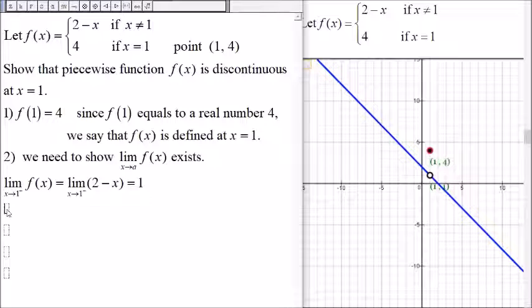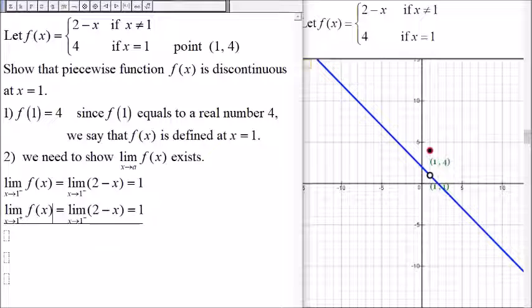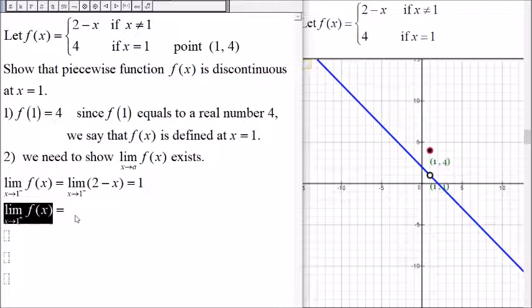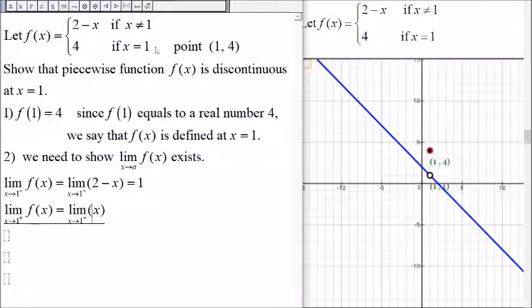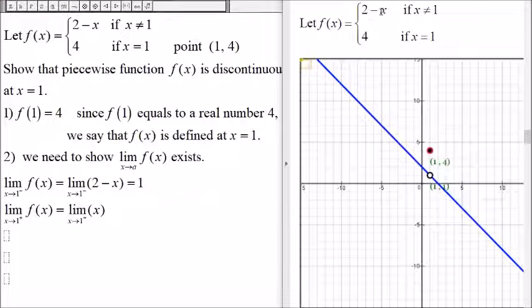Now we'll let x approach 1 from the right. Same thing: if we approach x from the right, that means x is not 1. And therefore, for f of x, since x is not equal to 1, we use the 2 minus x piece, because if x is equal to 1, then y is equal to 4.